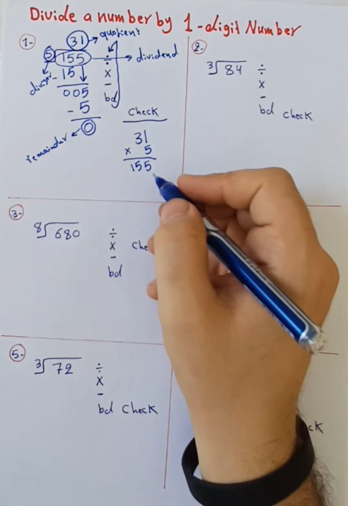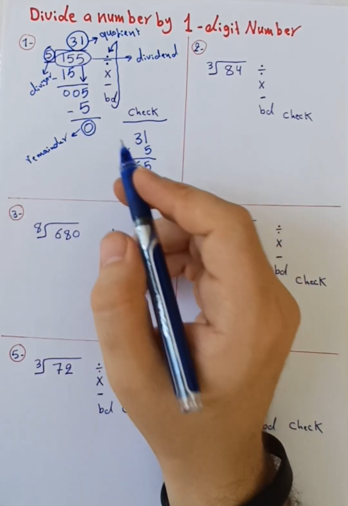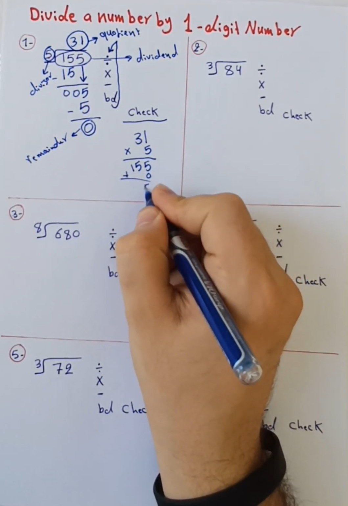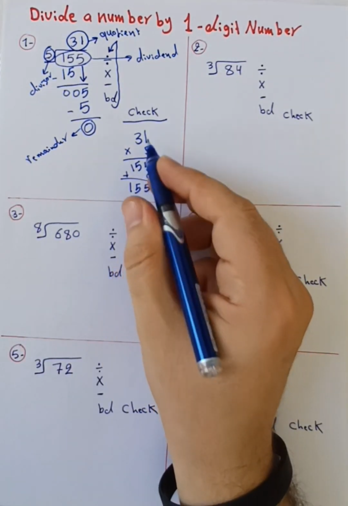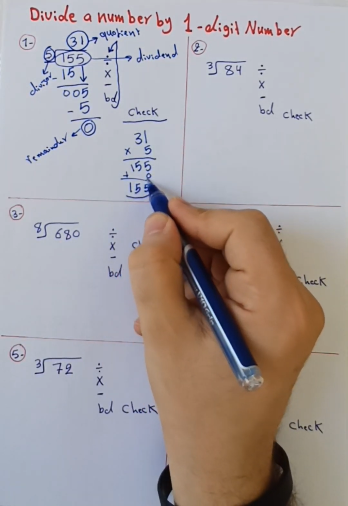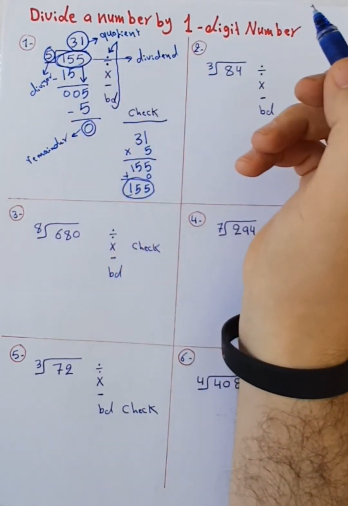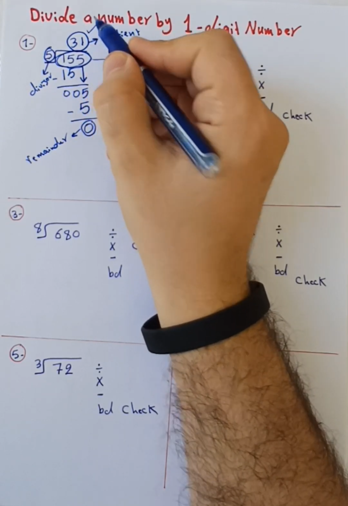And then we have to add this product with the remainder. The remainder is 0. 155 plus 0 is 155. So in check step, we get 155 and the dividend is 155. It means our quotient is correct.